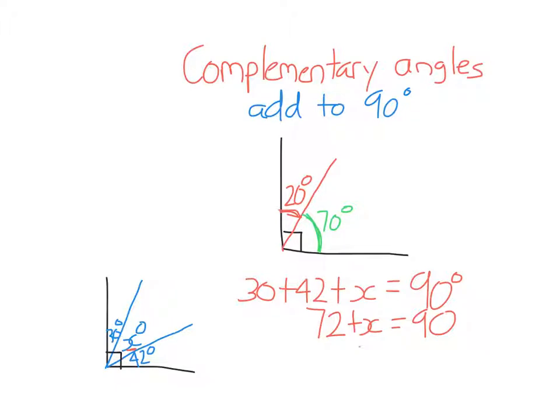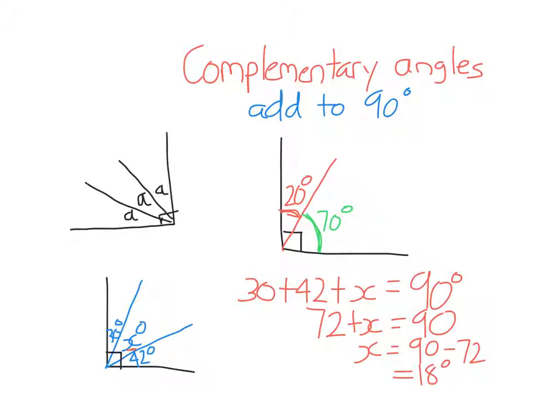If you don't know that off the top of your head, you can just put on your calculator 90 minus 72, which is 18 degrees. So X would have to be 18 degrees so that those three angles add to 90 degrees because they are complementary. Let's try an angle that's a little bit harder.